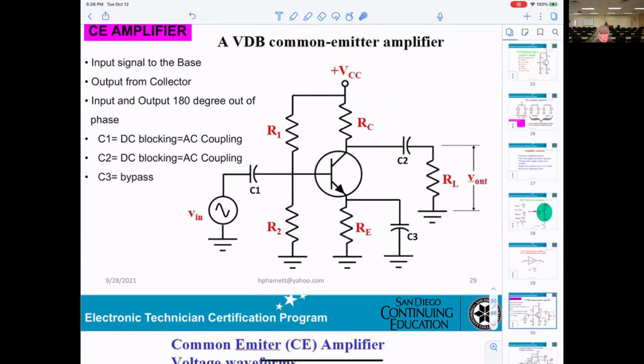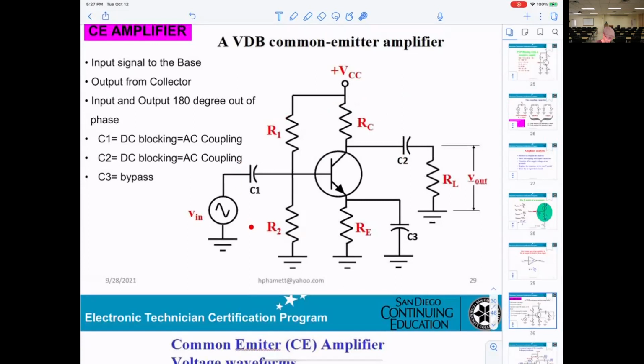Common base, in the AC model, the base will be grounded. And common collector, they're telling you in the AC model, the collector will be grounded. First thing we're talking about is common emitter.